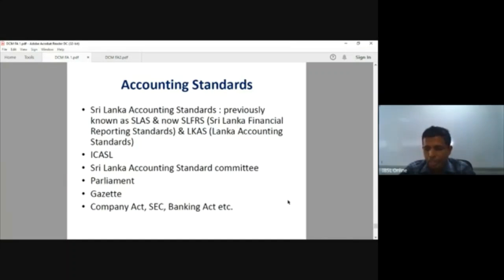In order to minimize the gaps between financial statements, there is what is called an accounting standard, right? If I take a simple example, say we have two masons, right?